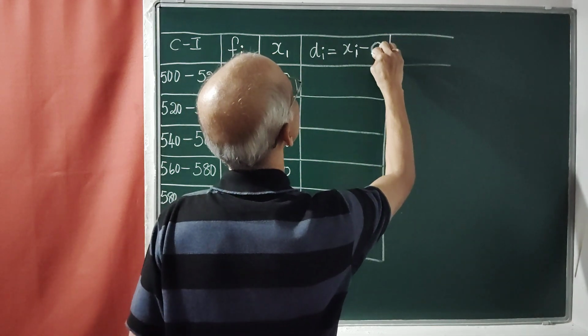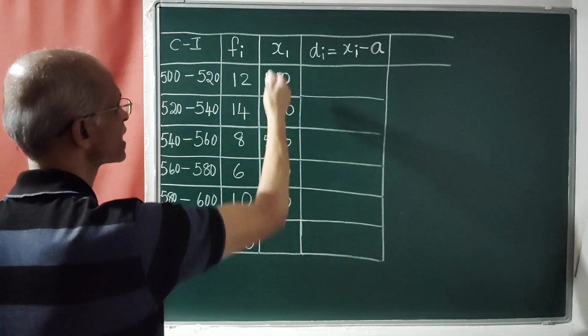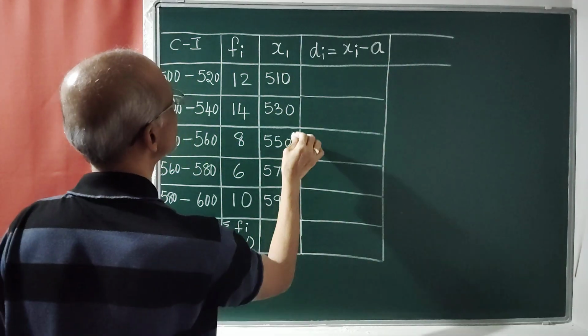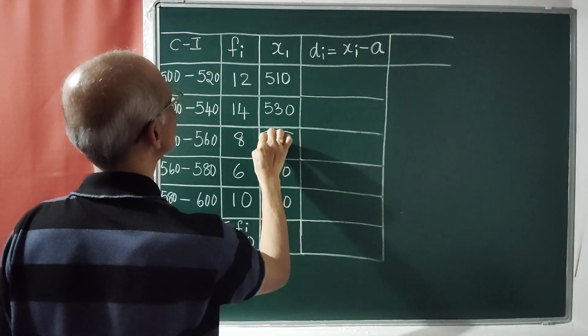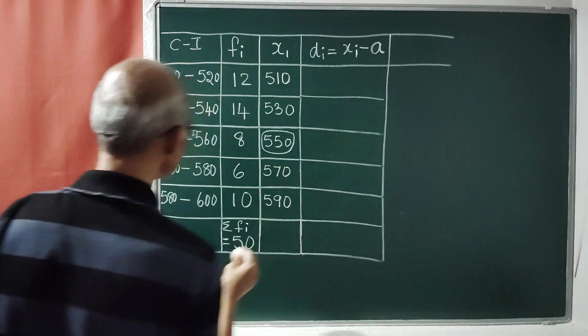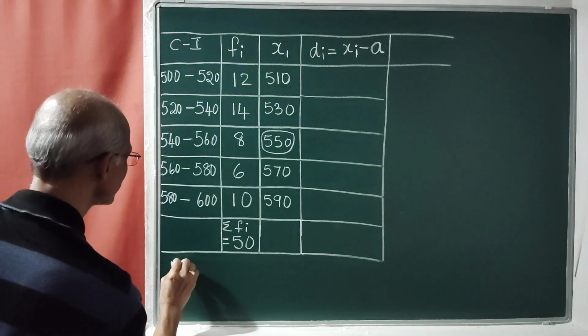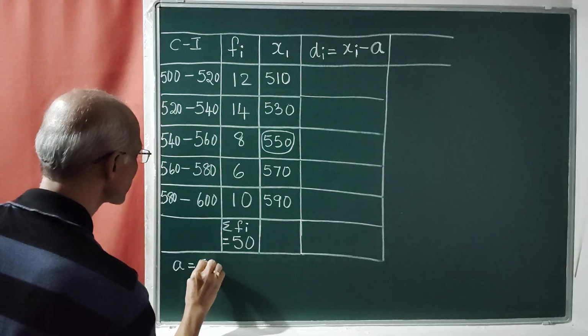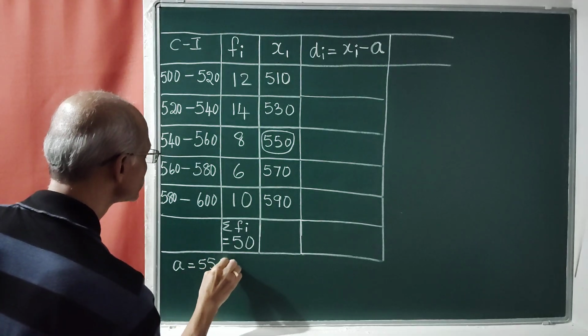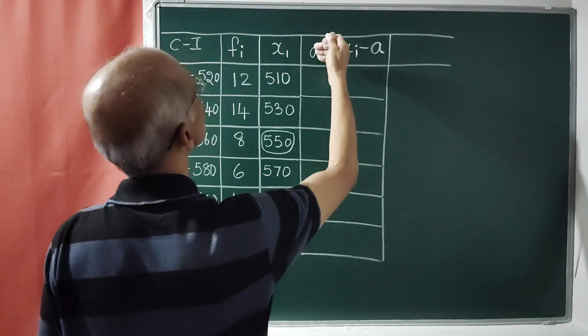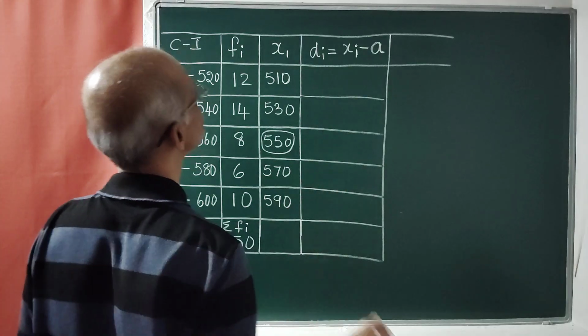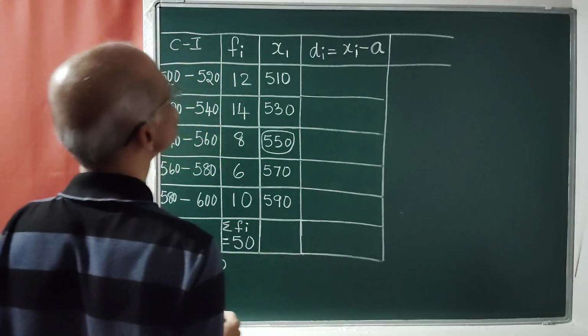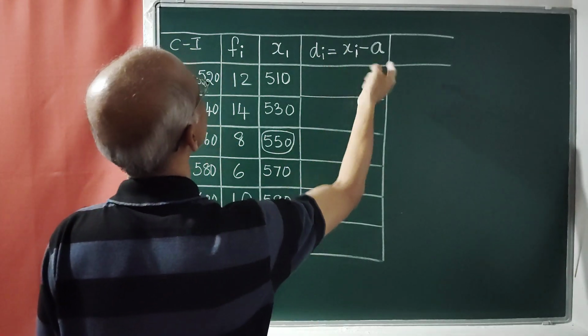Now the value of a, we have among these xi's, we have to assume one value to be a. You will take 550 as a. So a is equal to 550. Now you have to find the value of di's. Di is equal to xi minus a.